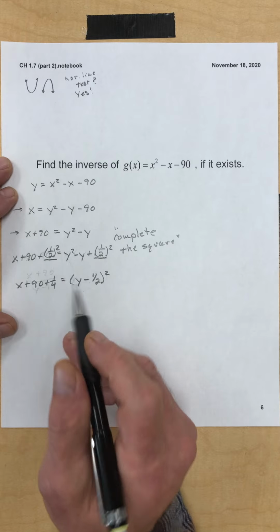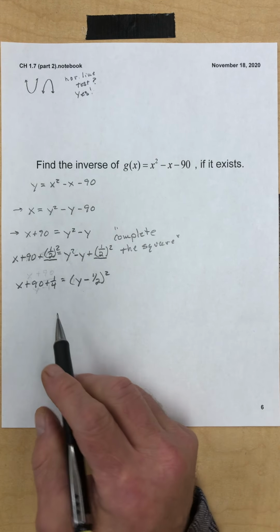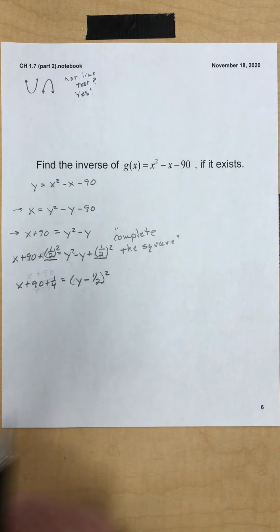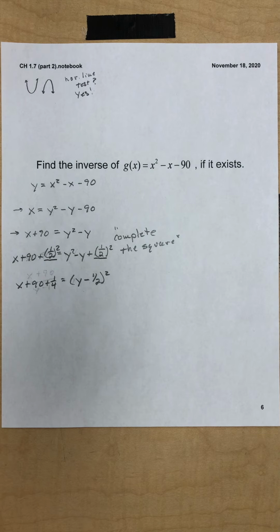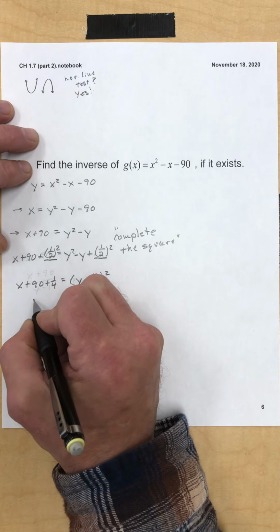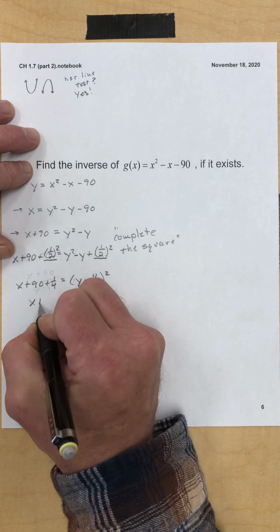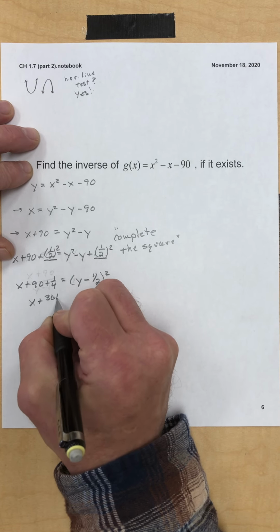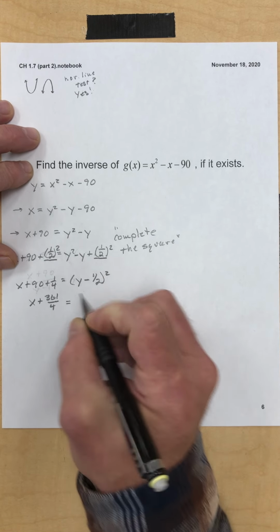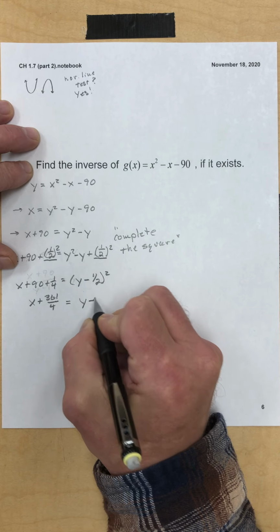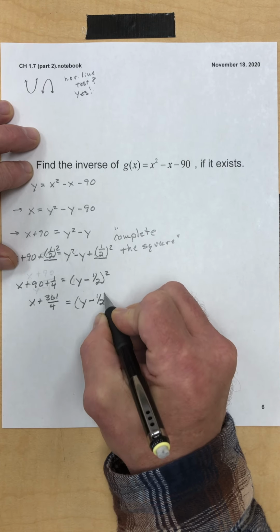Over here I just have to add these guys, and that'd be x plus 90 1/4. If we take 90 and 1/4 and change it into an improper fraction, we get 361/4. So I get x plus 361/4 equals y minus 1/2 squared.